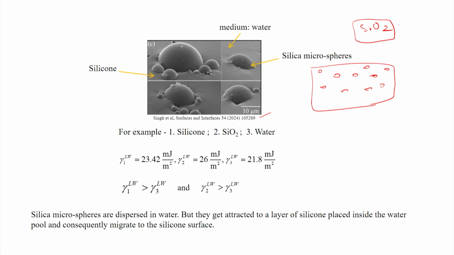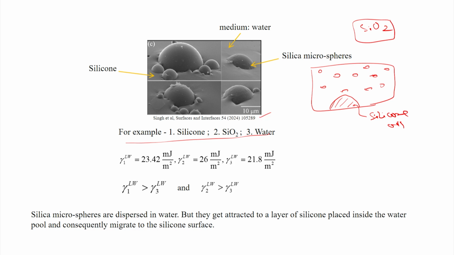They just fluctuate or roam around within the liquid, and now there is a drop or pool of silicone oil placed in between. So now something interesting happens. These particles tend to migrate onto the surface of this silicone oil, and that can be explained by these interaction energies and surface energies.